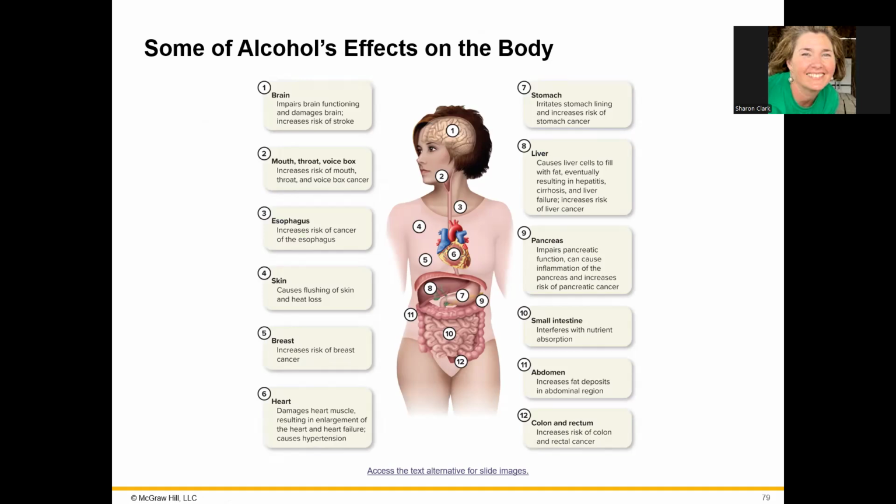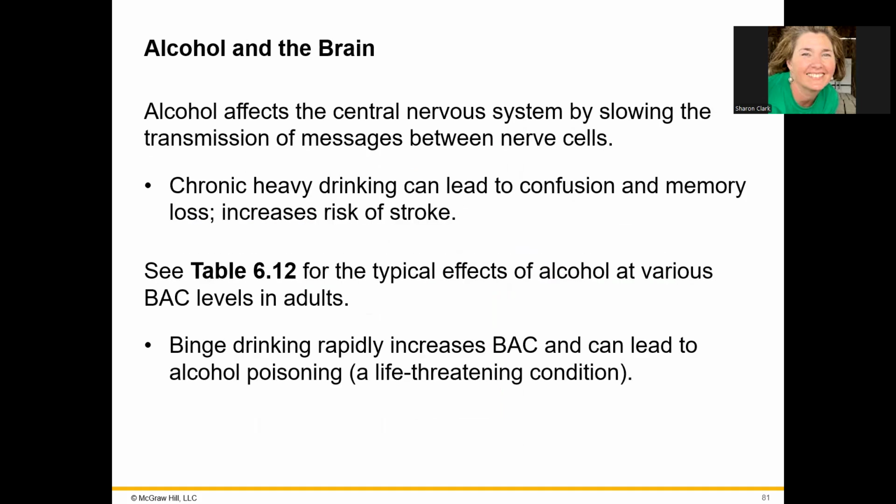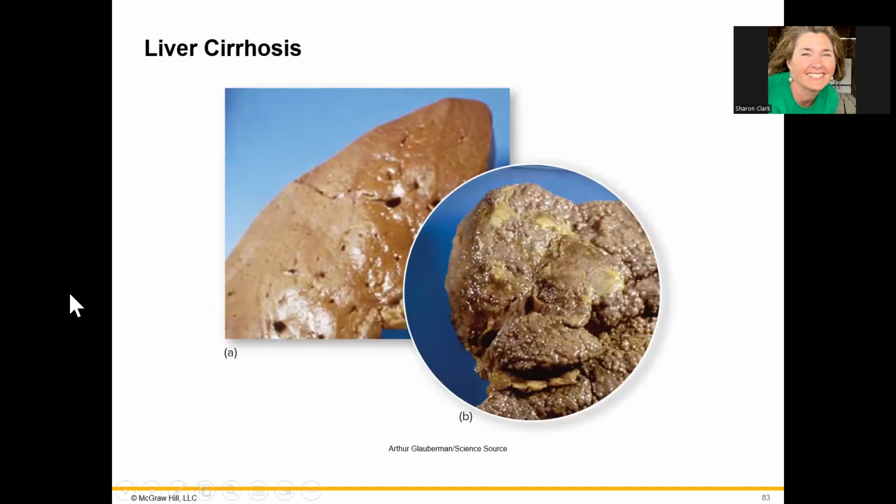Okay, excessive amounts of alcohol over time in the bloodstream are converted into fatty acids in the liver, and that leads to scar tissue over time and buildup in the liver, known as hardening of the liver and potentially liver failure. Okay, first you get hepatitis and then eventually liver failure, and you see that here. Okay, healthy liver, cirrhotic liver, scarred liver.